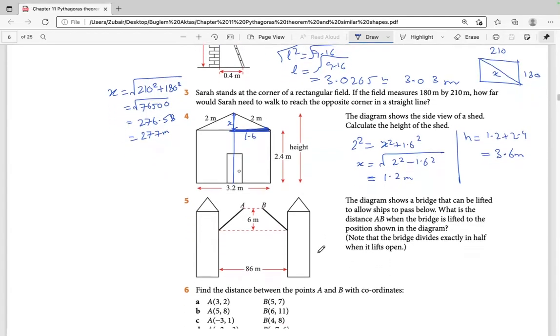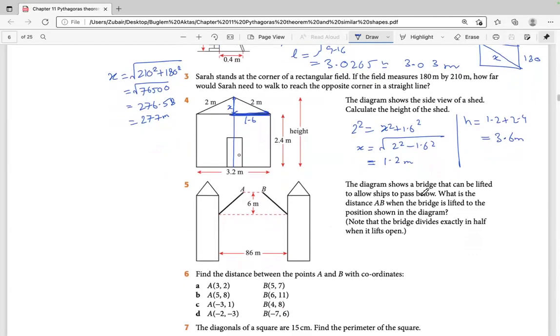Question number 5. The diagram shows a bridge that can be lifted to allow ship to pass below. What is the distance AB when the bridge is lifted to the position as shown in the diagram? Note that the bridge divides exactly in half when it lifts open. The distance AB, can you do that?